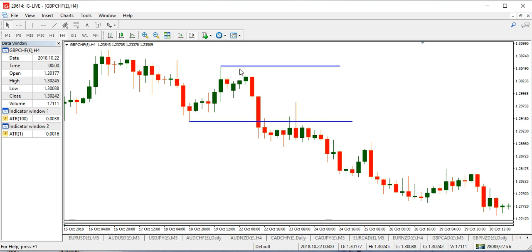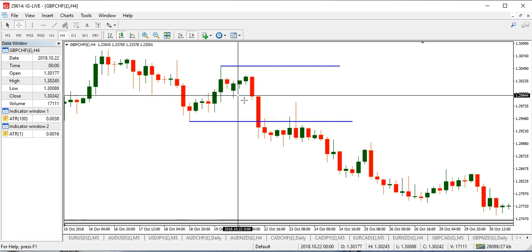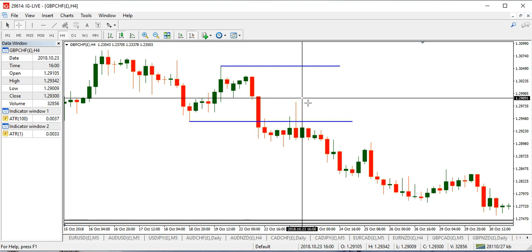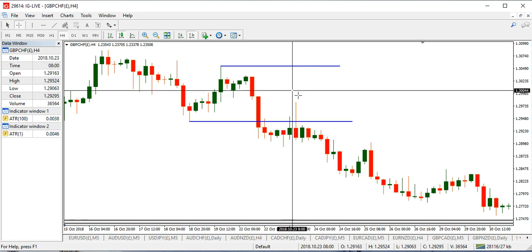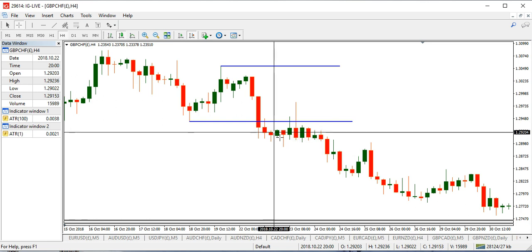So where you might have put your stop at the last support area, where you got support there, which is probably acting as resistance there. So you might have put your stop there. You've got 77. So you'd be in profit there.